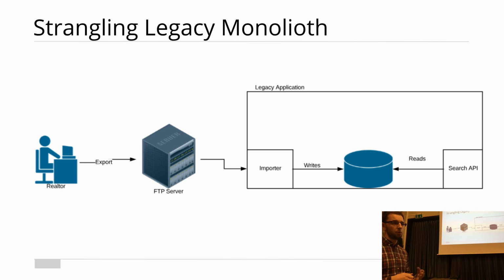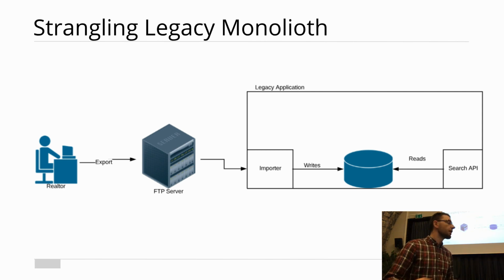Realtors are those people who have these flats and want to publish on our platform. They export from their server or professional software to an FTP server, and then in this legacy, in this huge monolith, there is an importer, which basically fetches the files from the FTP server, writes to the database, and then at some point the Search API reads the data and presents this in the form as we saw before.